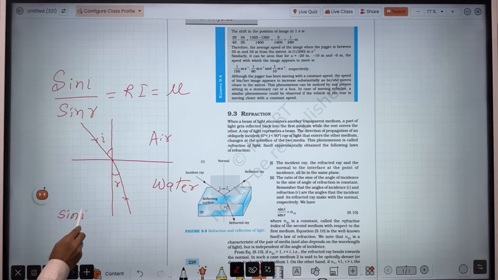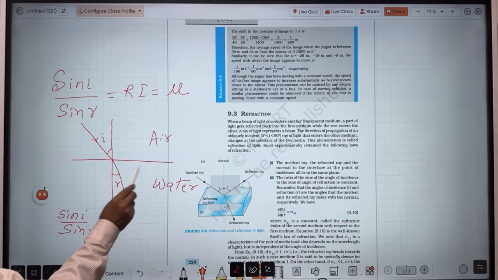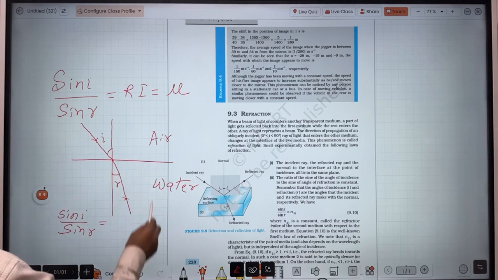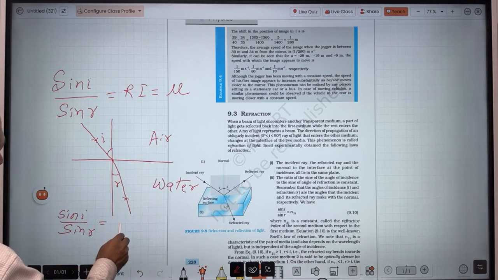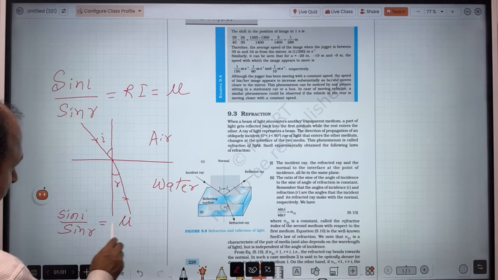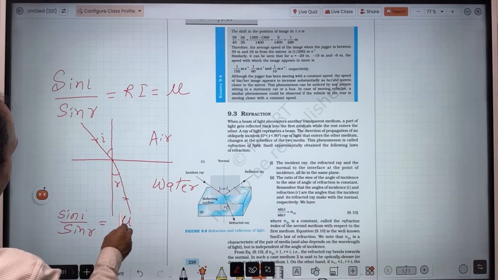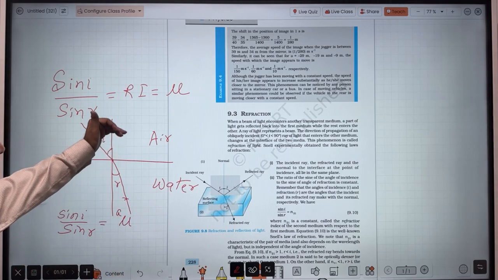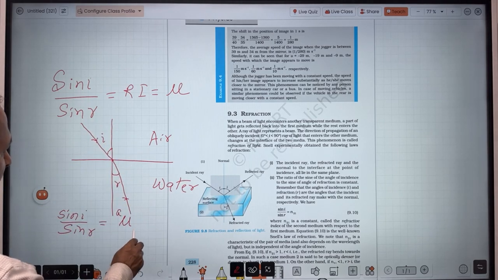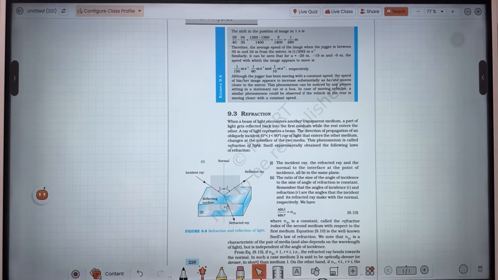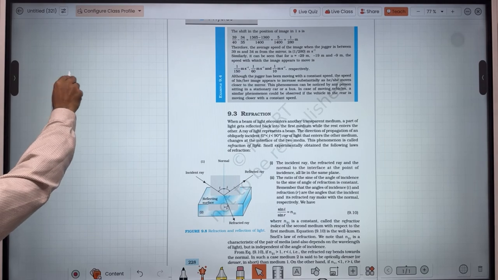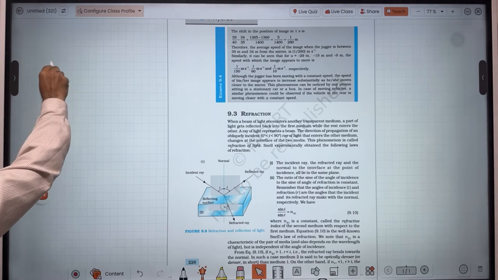So if we write sine I divided by sine R, then we will get the refractive index of water with respect to air. We can write mu, or we can write the notation that the ray enters from air into water, A mu W, right? Here some important relations we can draw, like the principle of reversibility.